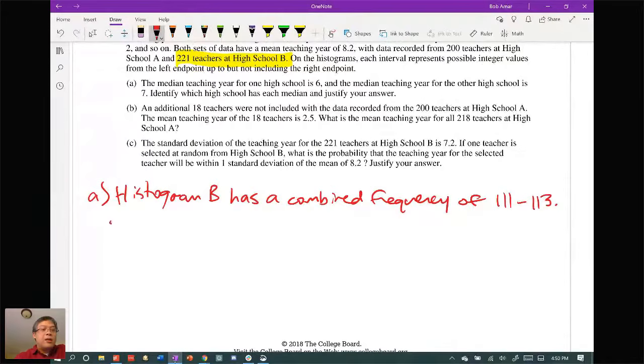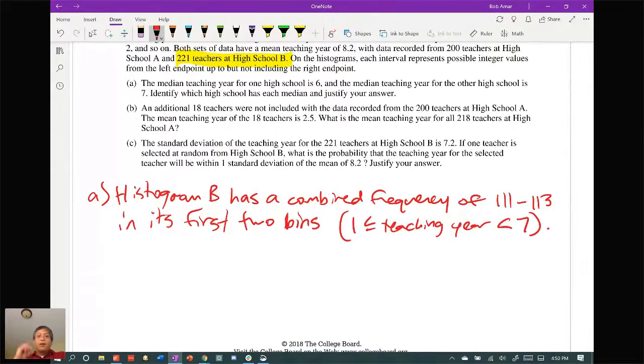We know the median combined frequency, I forgot to say, in its first two bins, and that is 1 less than or equal to teaching year less than 7. Less than 7 is very important, okay? We know that if you think about taking 221 and splitting it into halves, you end up with 110, 110, and 1 left over.